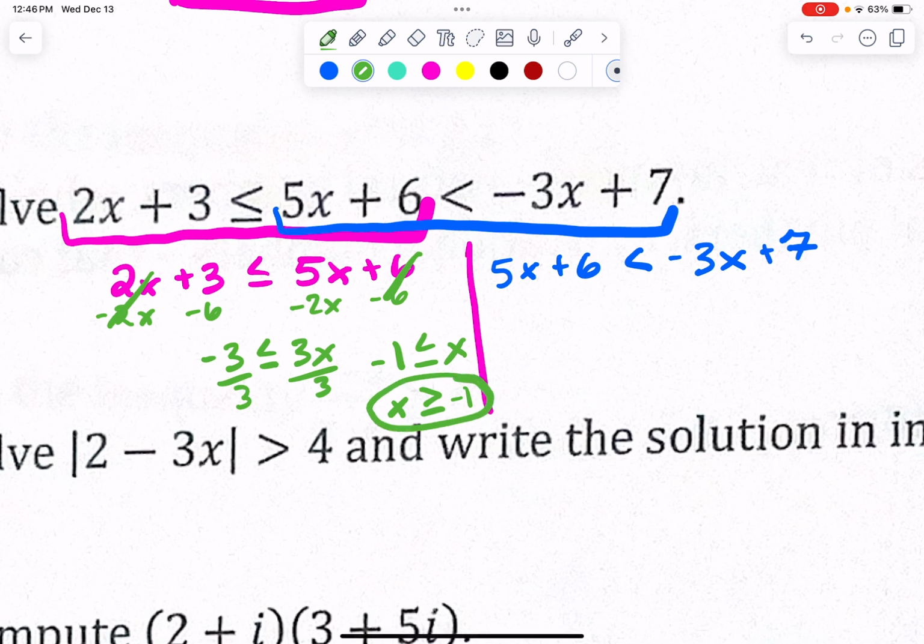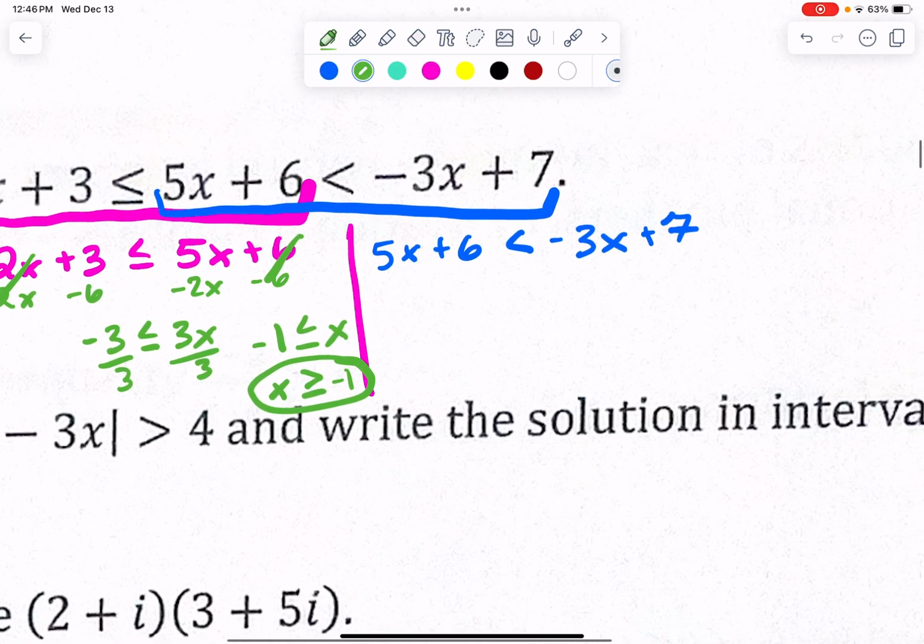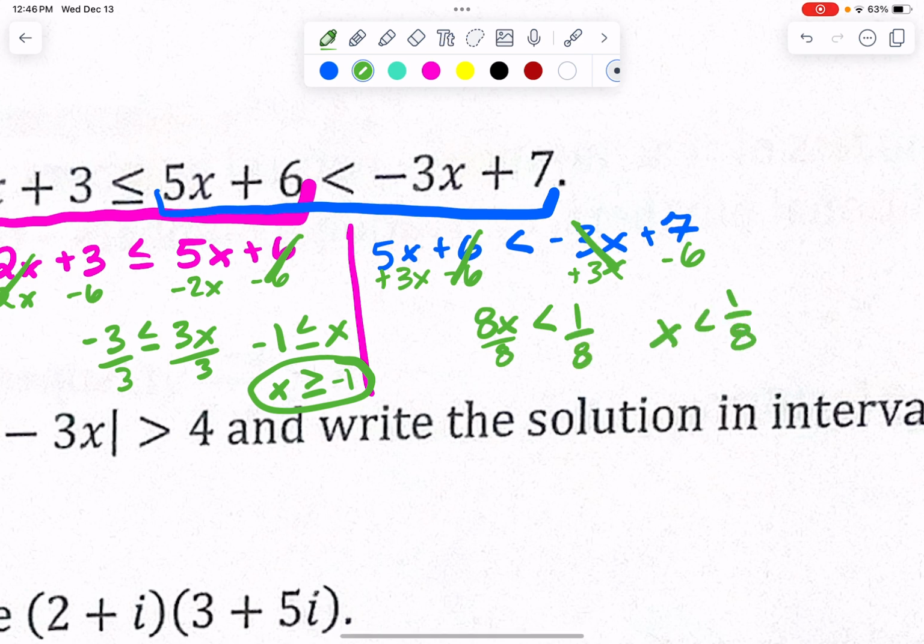Then I'm going to add 3x, and then I'm going to subtract the 6. So 8x is less than 1. Divide by 8, so x is less than 1/8.